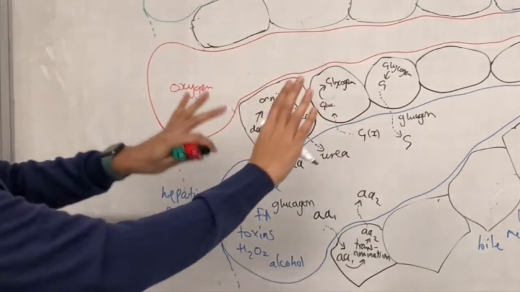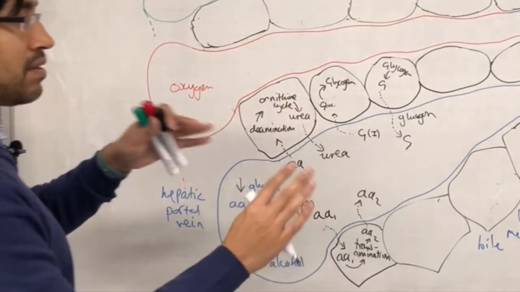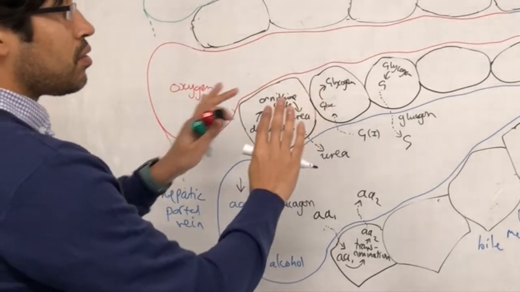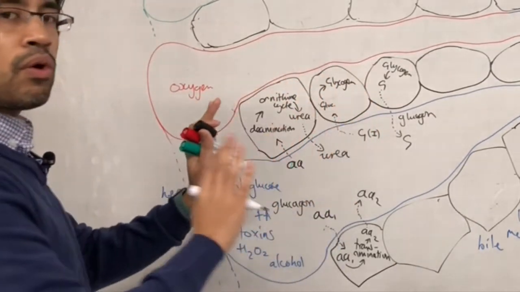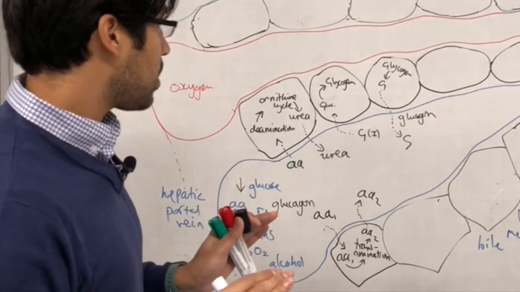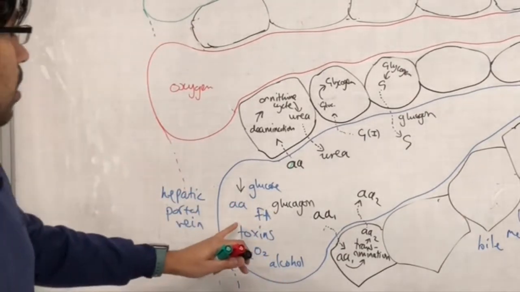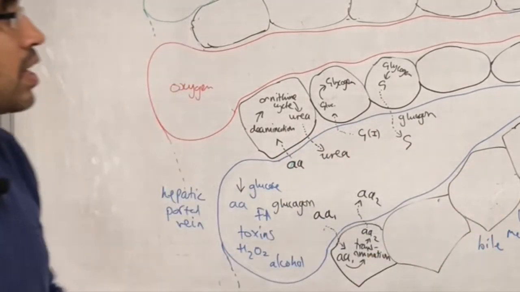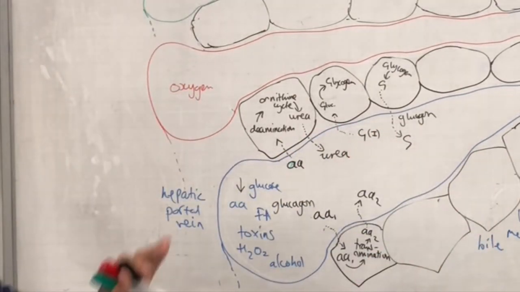So I hope we can appreciate these wouldn't be happening at the same time. These processes are dependent on the glycemic situation of the blood. Okay, so that's carbohydrate metabolism dealt with there.